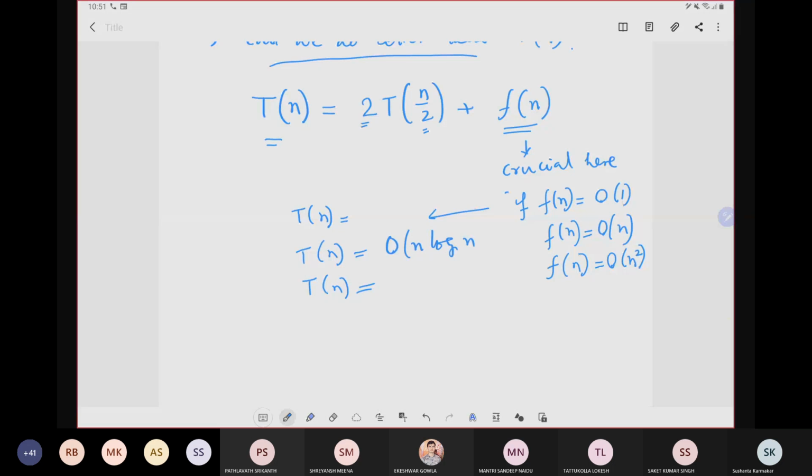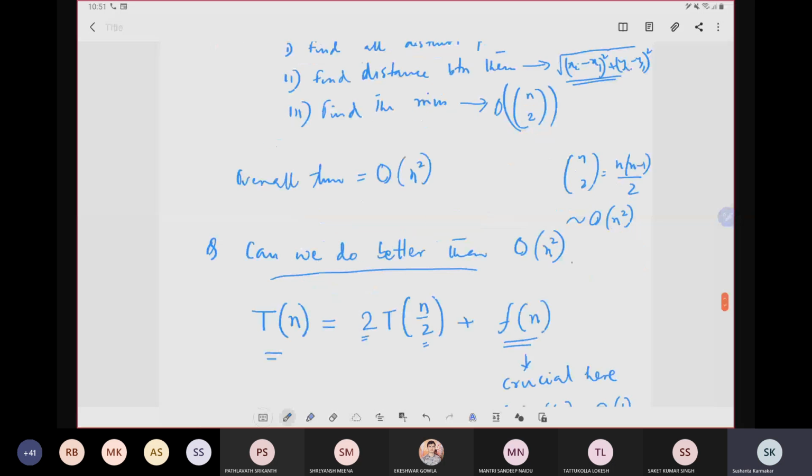If Fn is 1, then the solution would have logarithmic time, which we actually cannot achieve for this particular problem.